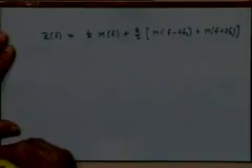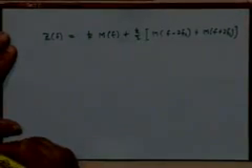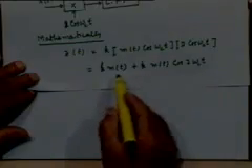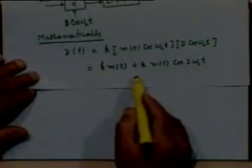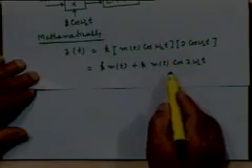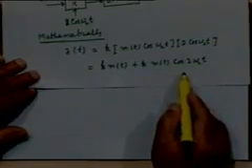I hope this is understood. The Fourier transform of this part is k times M of f, and the Fourier transform of this part is M of f minus 2fc plus M of f plus 2fc.